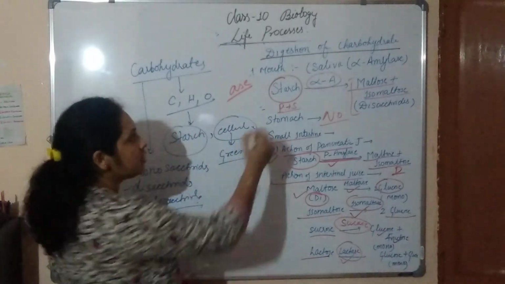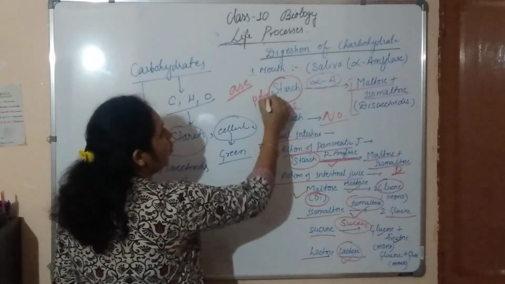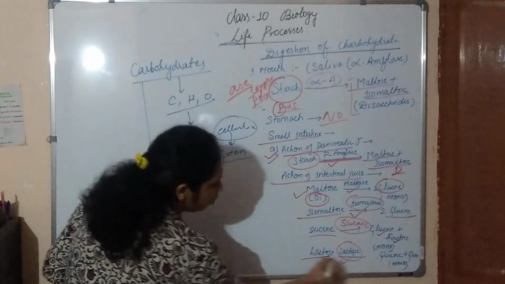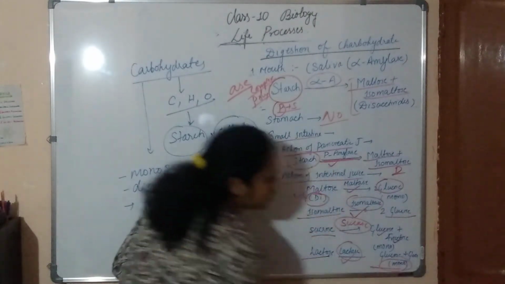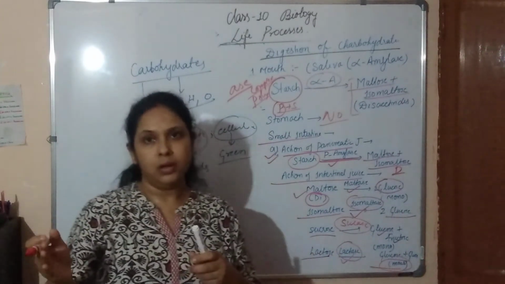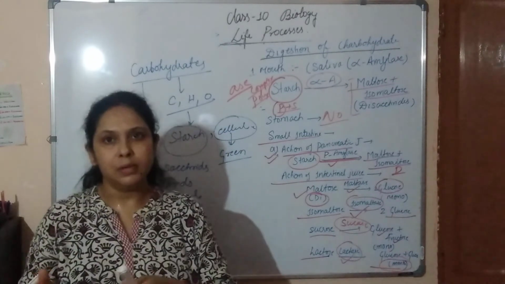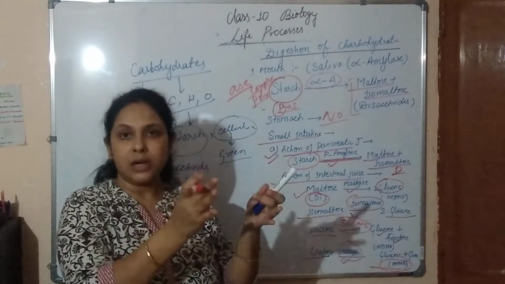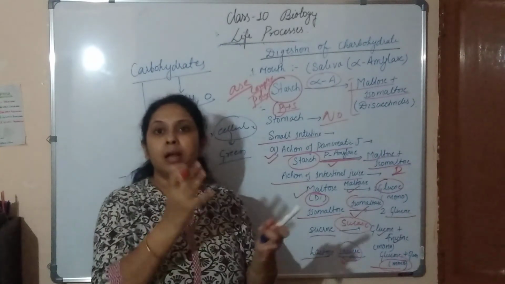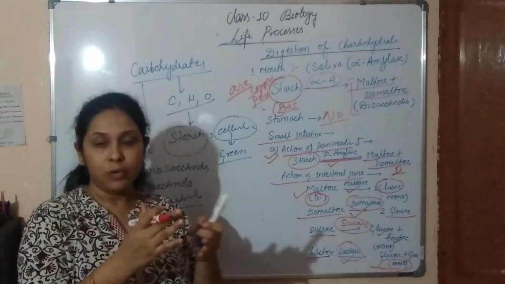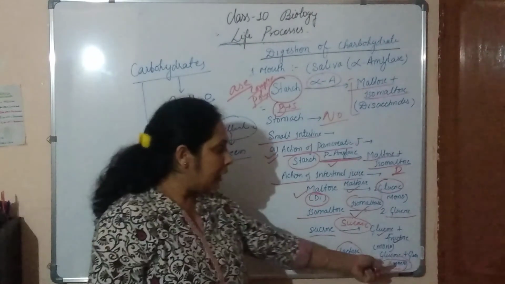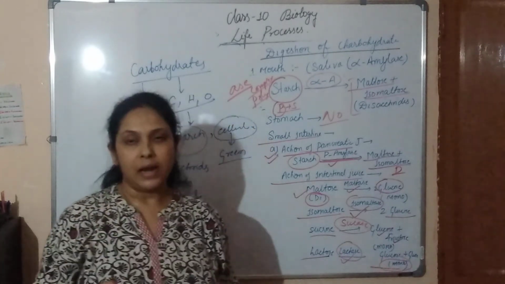Now here the starch is a polysaccharide, the complex one. From complex, we are getting the monosaccharide. So basically digestion is the breaking of food from complex to simple. Carbohydrate, basically starch, is a polysaccharide containing a large unit of carbohydrates, which is broken down, and lastly we get the monosaccharide.